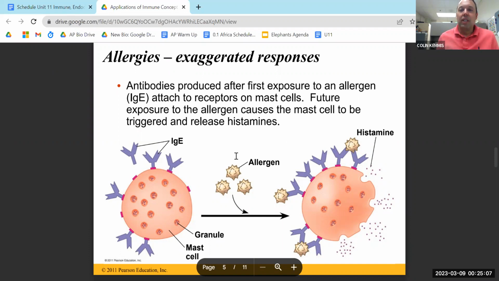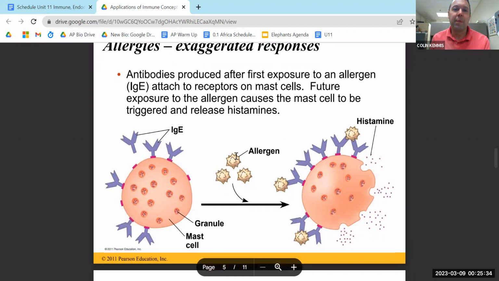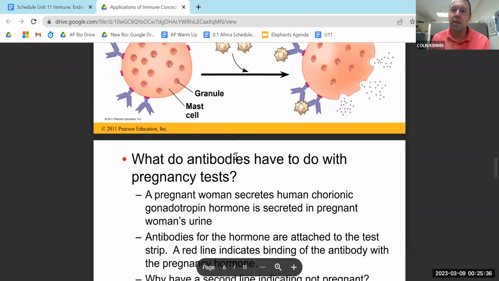Now it's going to look for these allergens, and whenever it finds them, it will release histamines and overactivate your helper T cells, which will then make B cells and cytotoxic T cells, and really just activate your immune system to fight dust or dander or whatever you're allergic to. So that's kind of how that works.